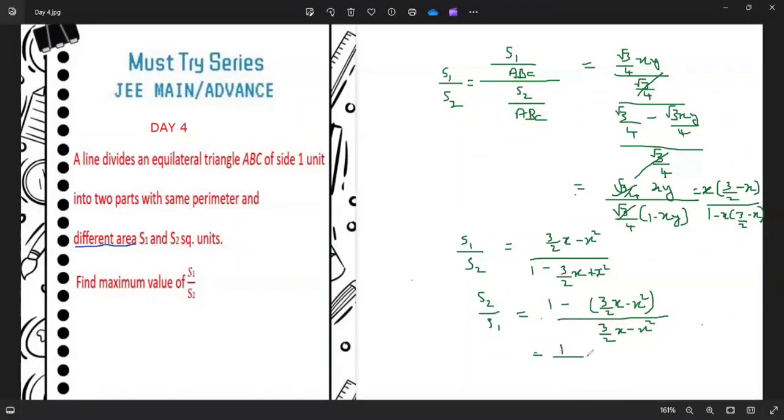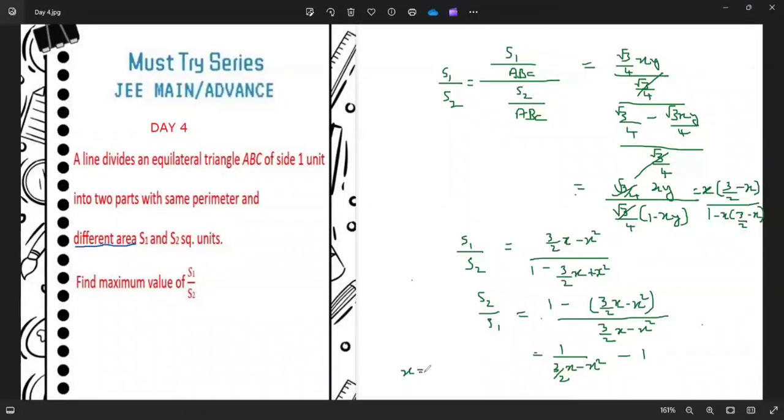The resultant will be having 1 by 3 by 2 x minus x square, minus 1. So since we are trying to achieve the maximum value, this value in the denominator will be giving us the maximum. We all know when a quadratic will give us a maximum. Given the idea of S1 by S2, which part to be kept as S1 and which part as S2 was made by us.